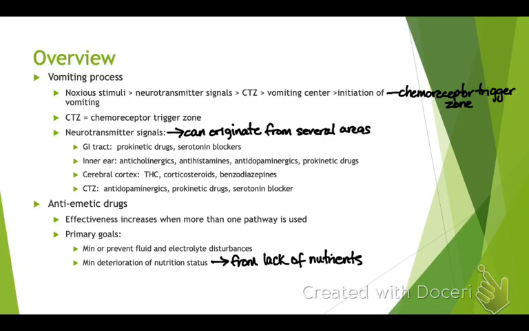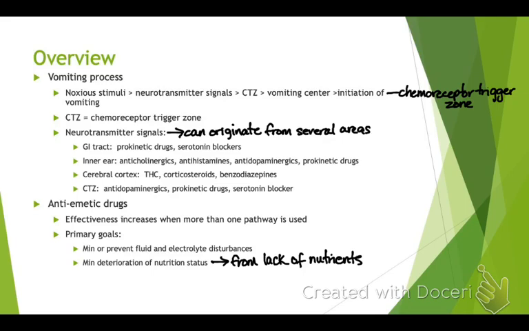Your chemoreceptor trigger zone is what is stimulated in order to initiate the vomiting. CTZ stands for your chemoreceptor trigger zone, just as an FYI when we refer to it.